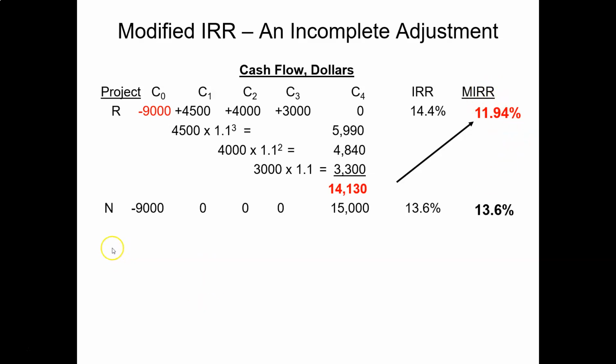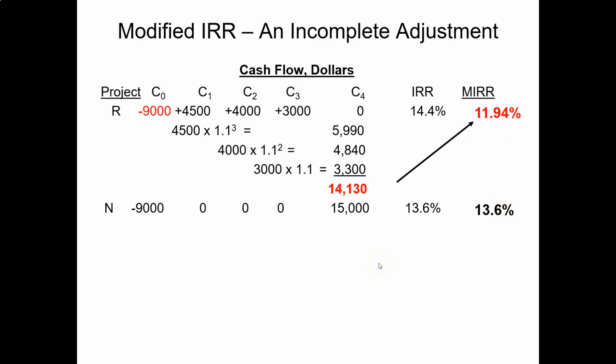If we calculate the modified internal rate of return of project N, it will be identical to the internal rate of return. So now we see that after calculating the modified internal rate of return, project N has a higher modified internal rate of return than project R.